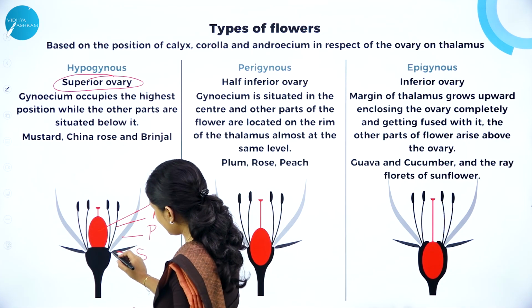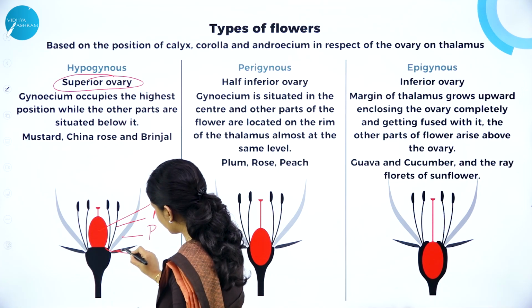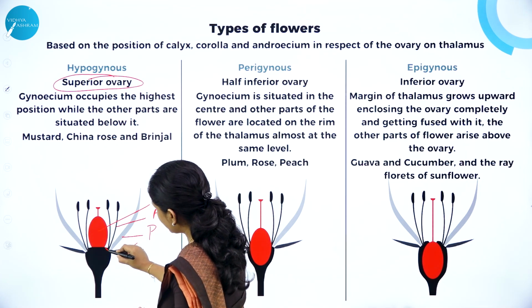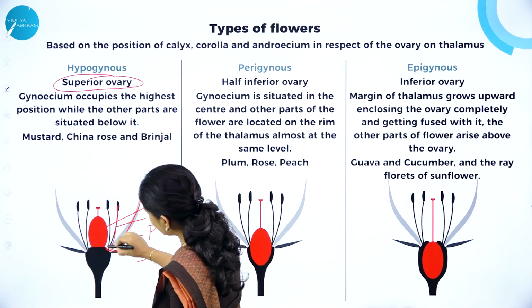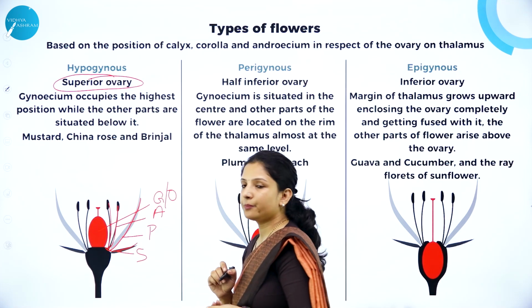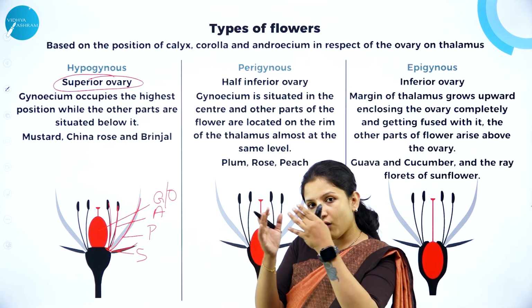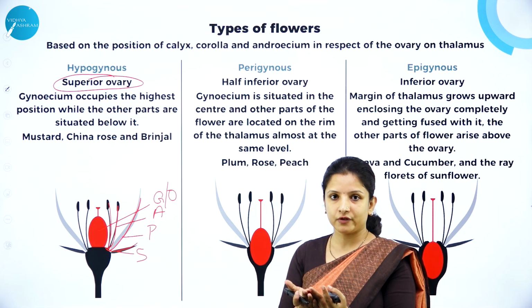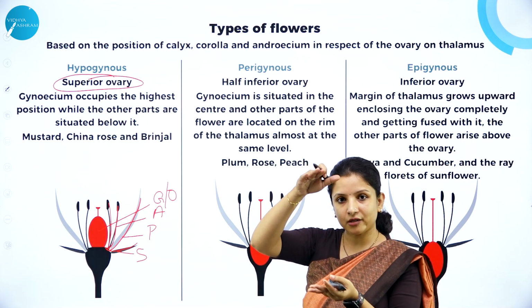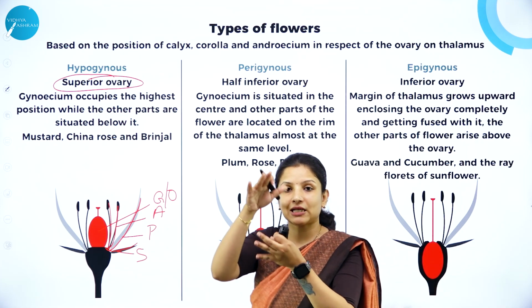Here the sepal arises from the base of the ovary, and the petal also arises from the base of the ovary. The stamens also arise from the base of the ovary. So, when all the whorls arise from the base of the ovary, obviously the ovary will be at the top position. It is just like stacking books.